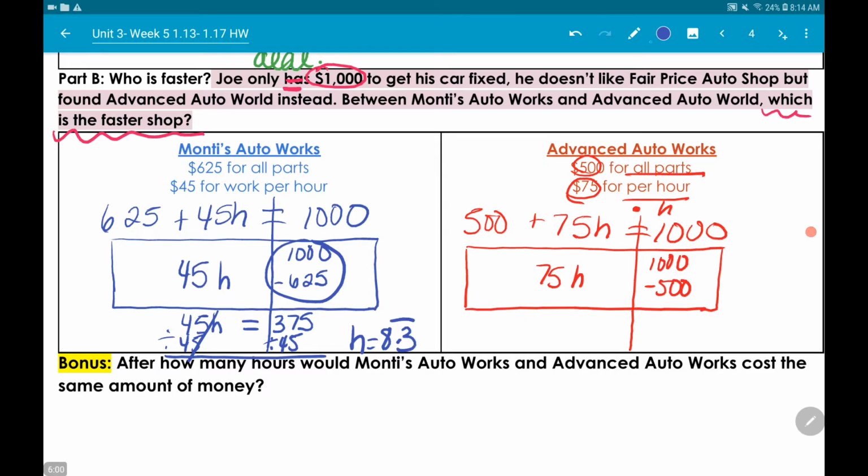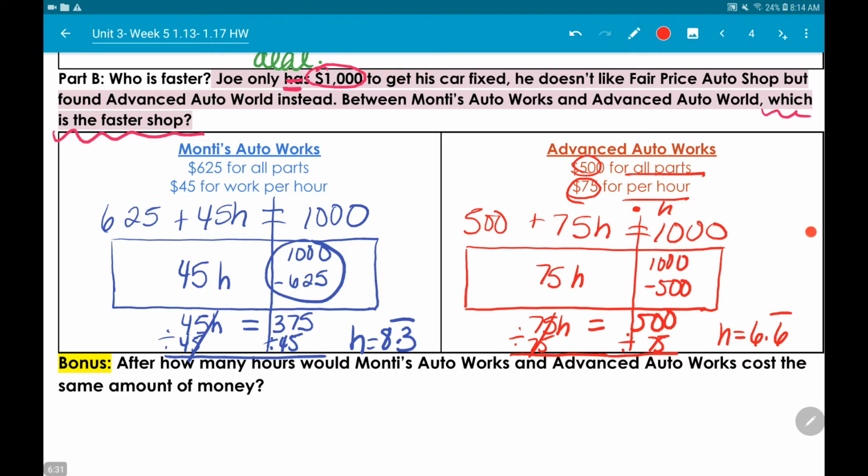All right, and on the other side, I'm going to do the same thing. 75h is equal to 500, and I'm going to divide by my coefficient on both sides. And I get h is equal to 6.6 repeats. And the question was, between these two auto shops, which one is the faster shop?